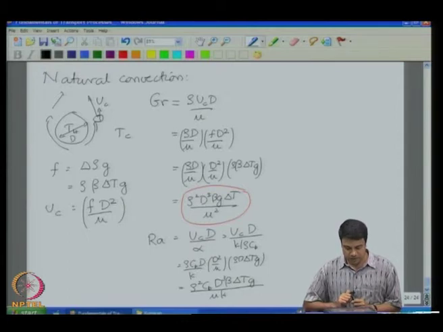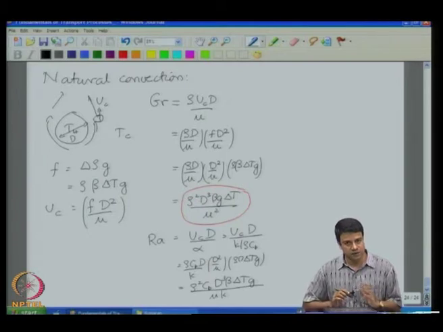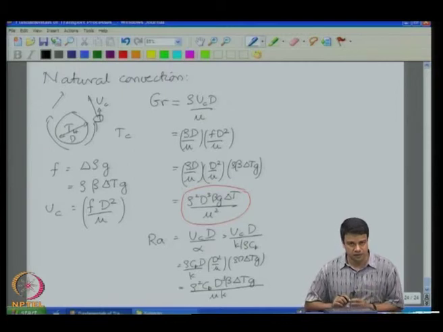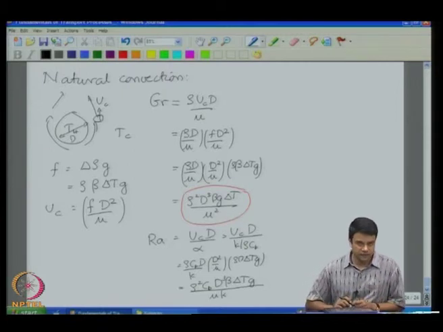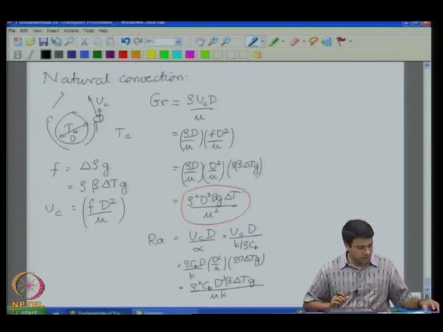Where in convection I have taken the velocity that is caused due to the difference in density, and used the balance between the force that is caused due to the difference in density and the viscous forces in the fluid. So, the fundamental numbers for convection are the Grashof number and the Rayleigh number.